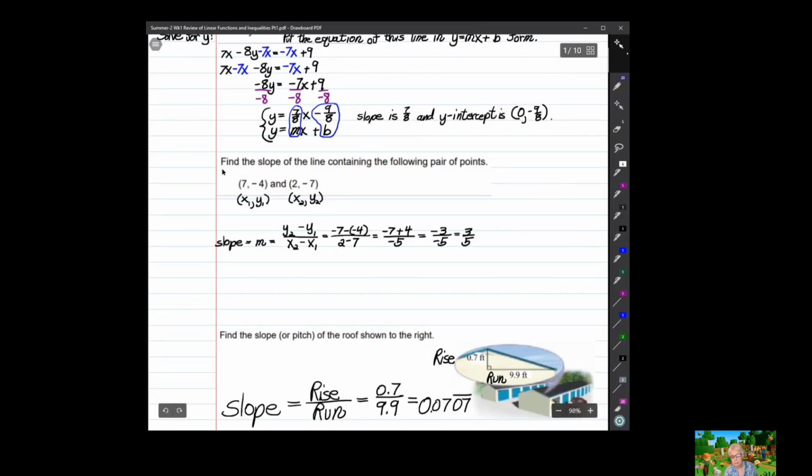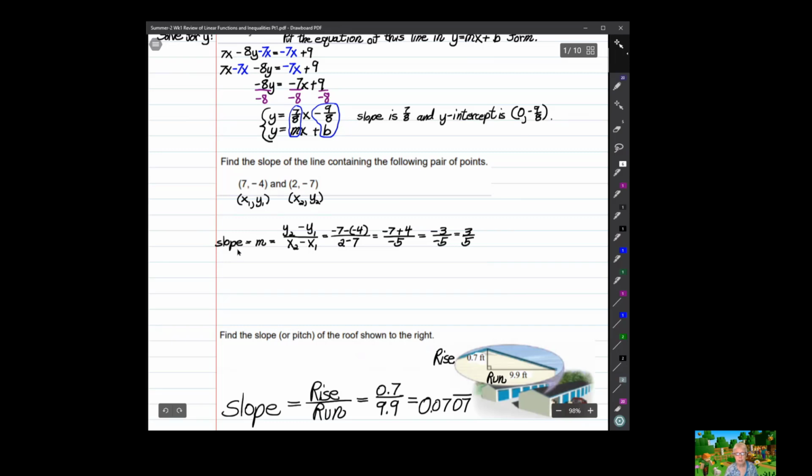Now the next problem is to find the slope of the line containing this pair of points. This is one point with an x and a y coordinate, and this is one point with an x and a y coordinate. In order to differentiate them, I call this point x1, y1, and this point x2, y2.